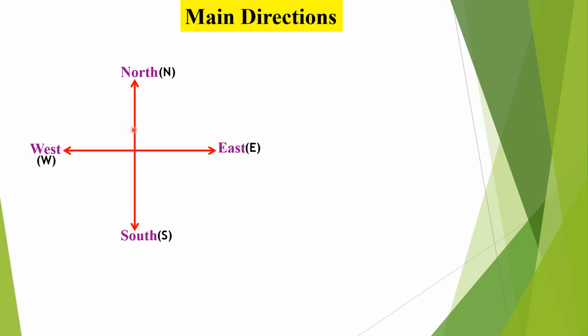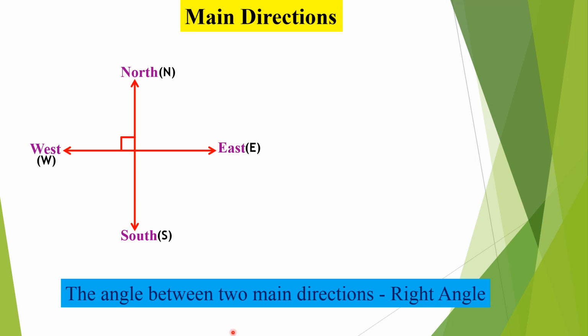I am asking about this angle. What is this angle? What type of angle is this? Yes, this one is called a right angle. We know the symbol that we use to denote the right angles. So the angle between two main directions is the right angle.